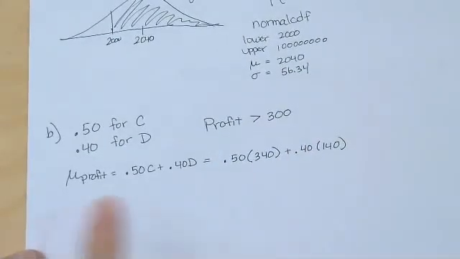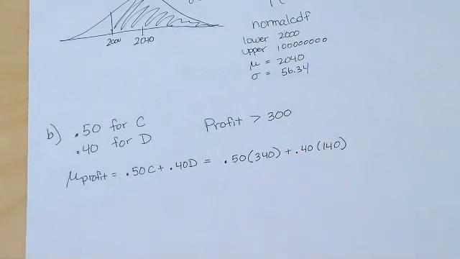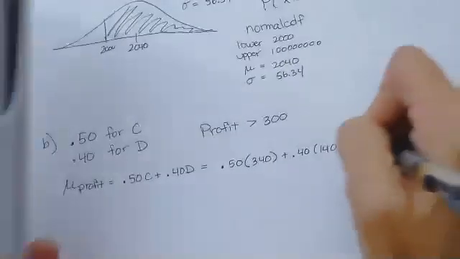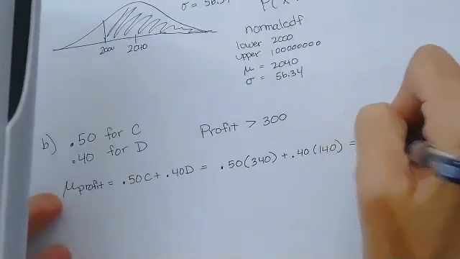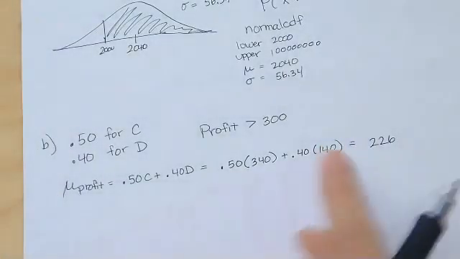Remember, whatever you do to the variables, you do that to the means. So 0.50 times 340 plus 0.4 times 140. His average profit is $226 per day.